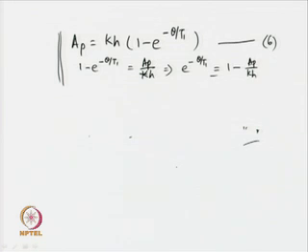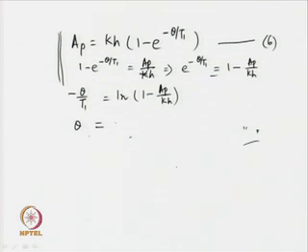Take natural logarithm of both sides, then minus theta upon T 1 is equal to ln of 1 minus A p by k h, or directly I can write now theta is equal to minus T 1 times ln of 1 minus A p by k h.